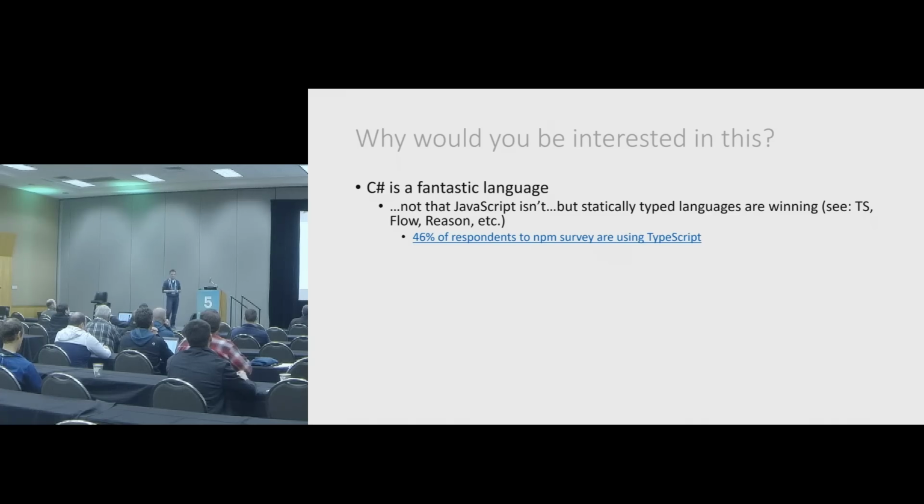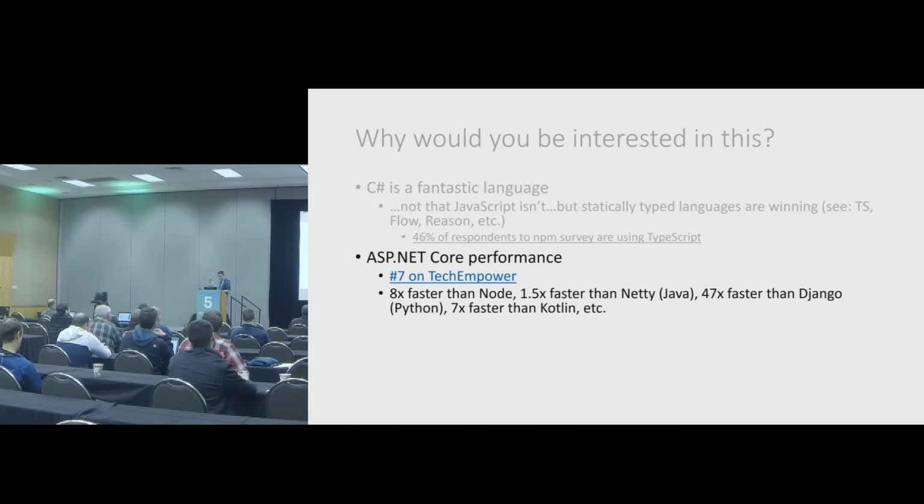Like, how many people who consider themselves C# developers write something that compiles to C#, right? Not many. So I think this is an indication that static types are winning in the JavaScript ecosystem. So C# has that by default.